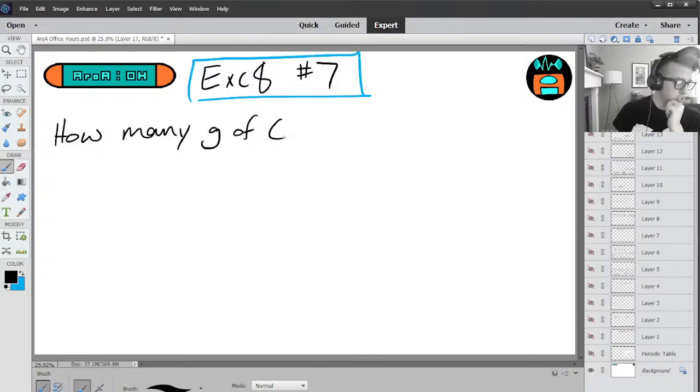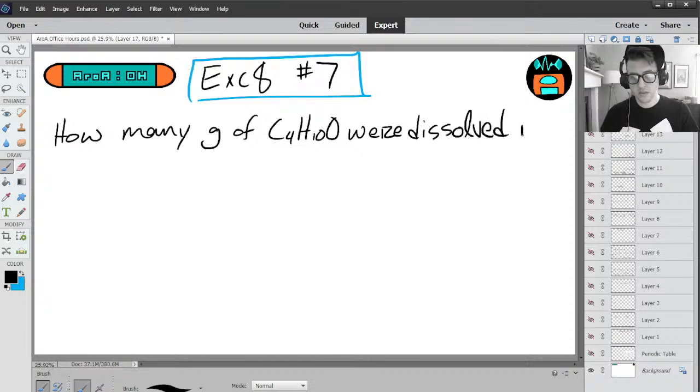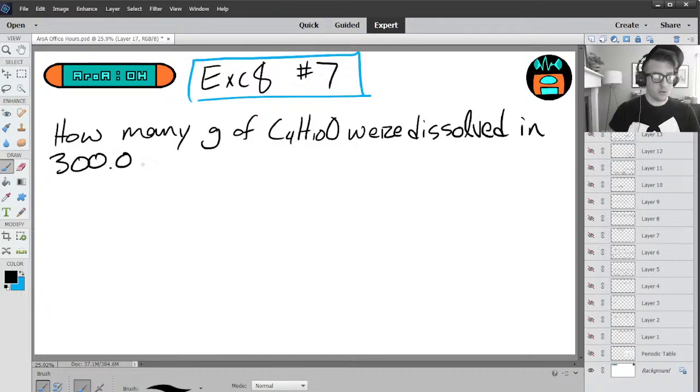Of diethyl ether, which is C4H10O. And again, I'm going to change the numbers. Were dissolved in 300.0 grams of benzene.